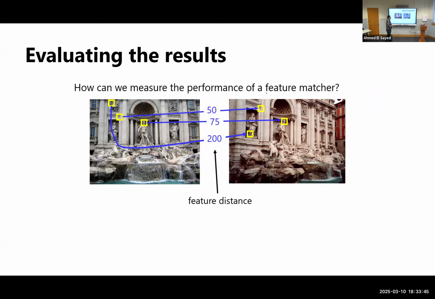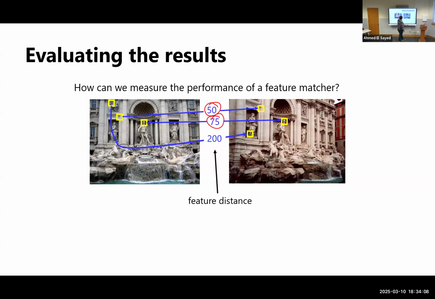So assume that we have 3 features here and 3 features here. The distance between this and this comes with the minimum distance of 50. This and this, minimum distance of 75.